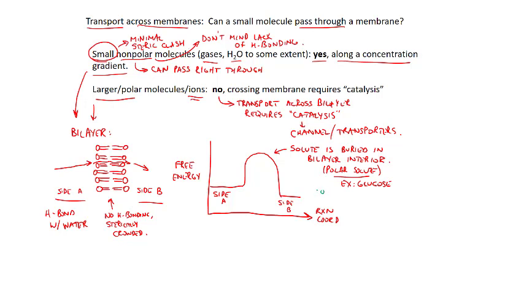So if you had a nonpolar solute, for example, oxygen, its free energy diagram would look more like this. It's definitely going to be higher in free energy because of the steric crowding, but it's going to be much lower. So for that reason, only the nonpolar stuff can pass right through the lipid bilayer.